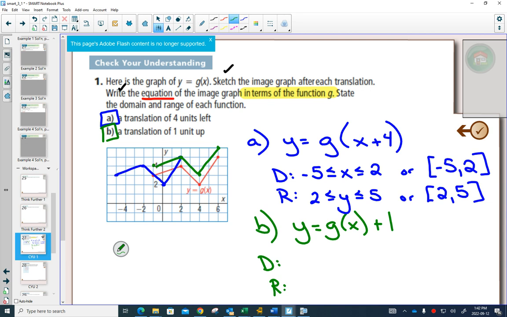Same thing for the green one. The domain smallest is -1. Largest is 6. And for the range, the smallest value is 3. Largest value is 6.